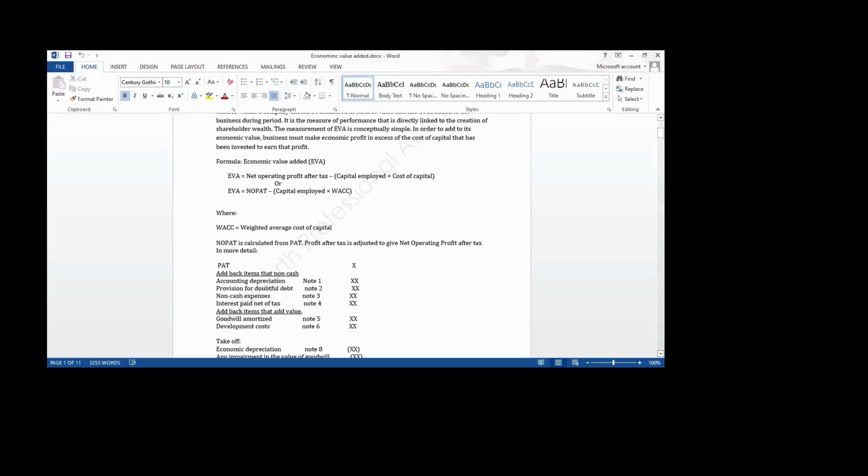What items are to be added to accounting profit after tax? What are the items to be deducted? We explain this. One is accounting depreciation should be added.